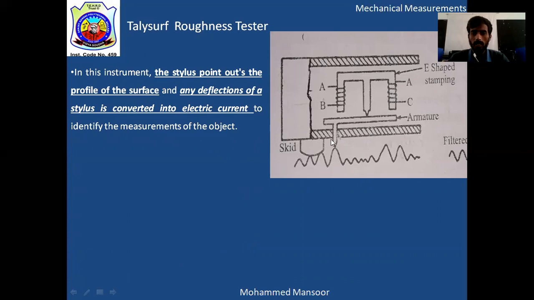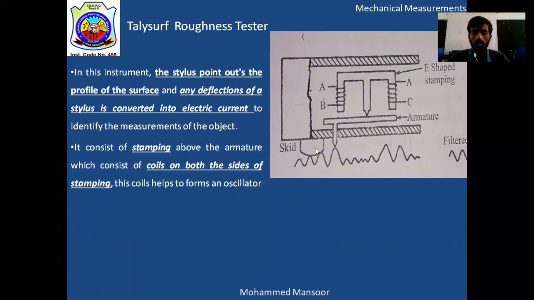Any deflection of the stylus will cause a change in the current. So any deflection of the stylus is converted into electric current. It consists of a stamping which is E-shaped.